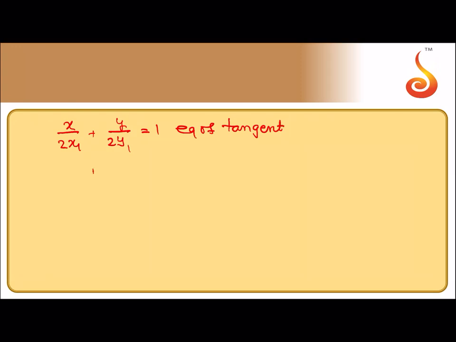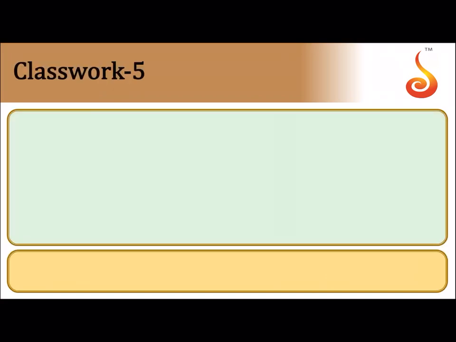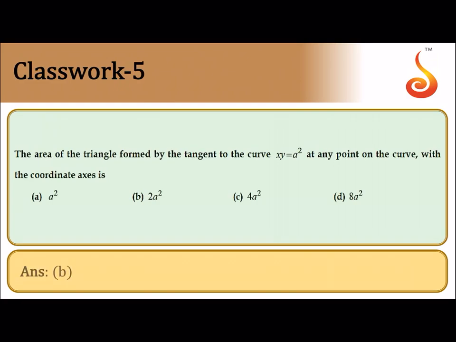Example 6. So I repeat once again. We have taken x by 2x1 plus y by 2y1 is equal to 1 as the equation of the tangent. Now the area will be half of modulus 2x1 into modulus 2y1.